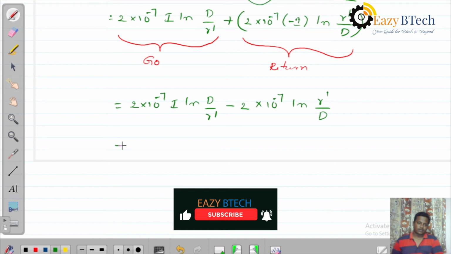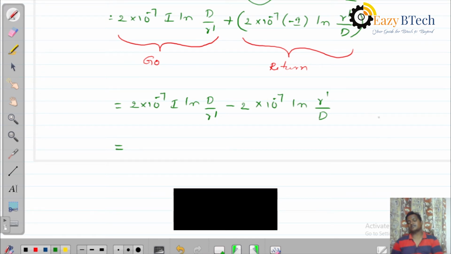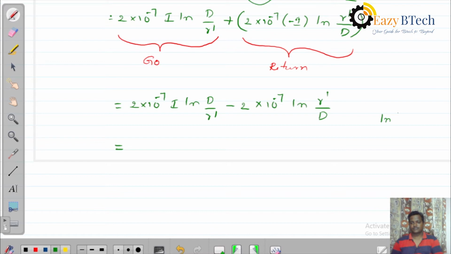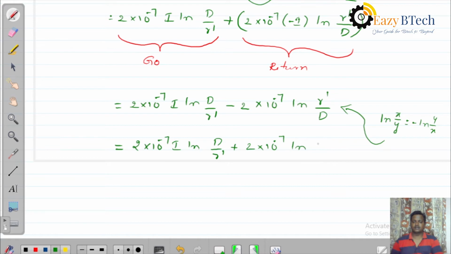Now we can write it as ln of x by y equals to minus of ln y by x also. Use this one here. We can get 2 into 10 power minus 7 I ln d by r dash plus 2 into 10 power minus 7 ln d by r dash. Both the terms are same. What you get finally?